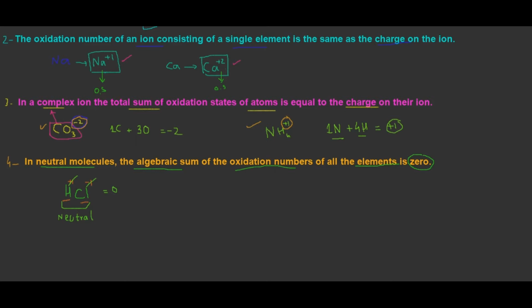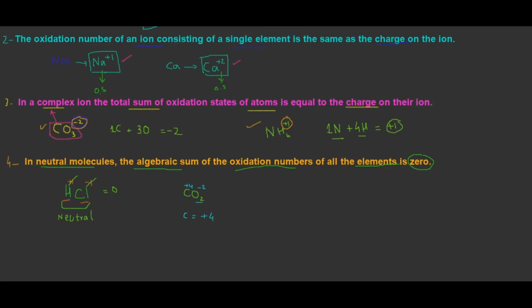Similarly, if we have carbon dioxide, in case of carbon dioxide, oxygen atom is having -2 charge, while carbon atom is having plus 4 charge. Now how is their algebraic sum equal to 0? As you can see that carbon atom is having positive 4 charge, while you have two oxygen atoms.